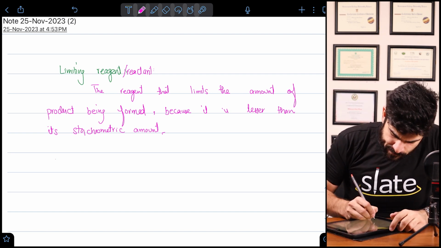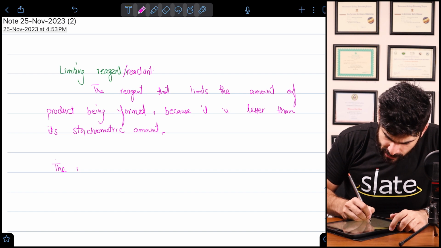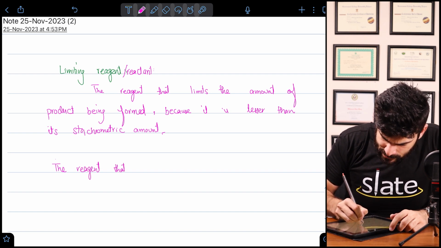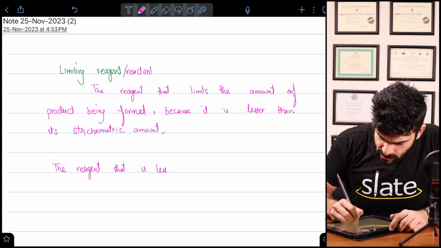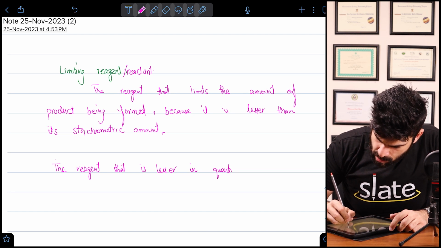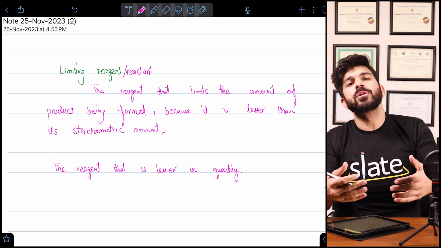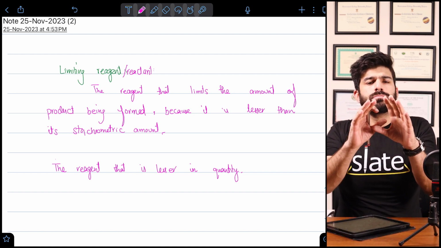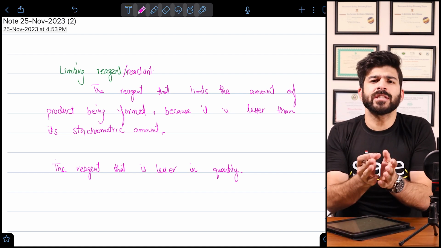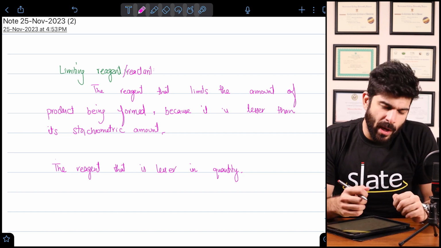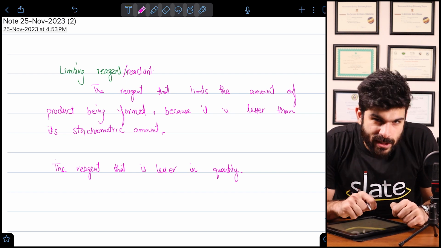So you can just say the reagent that is lesser in quantity or amount or concentration, or has moles lesser than its stoichiometric value. So this definition is a very basic one. It's not a very justified one when we talk about understanding of the concept.